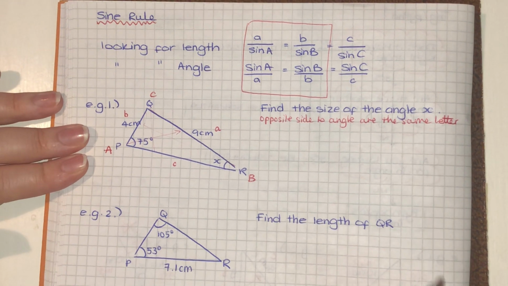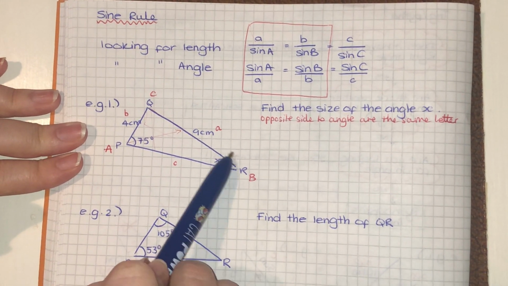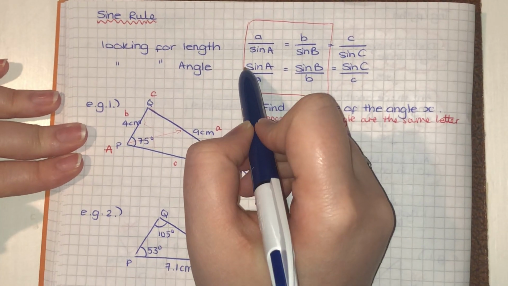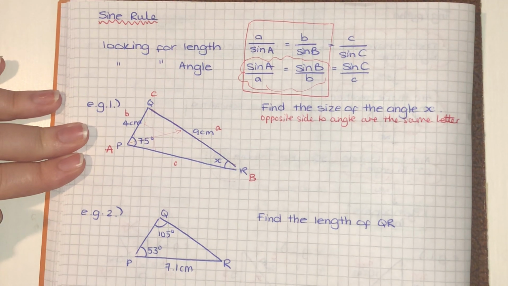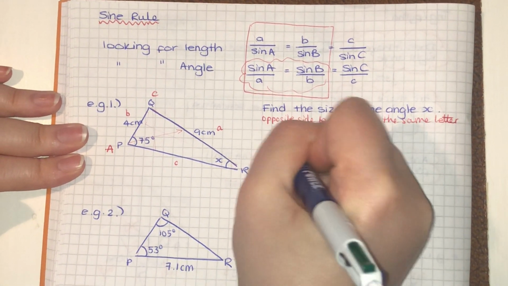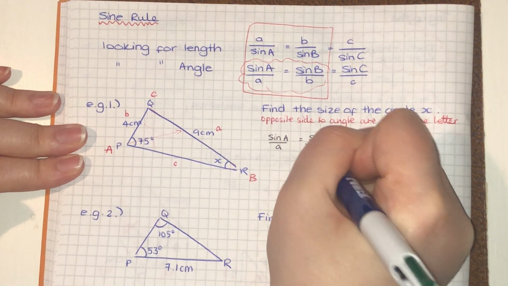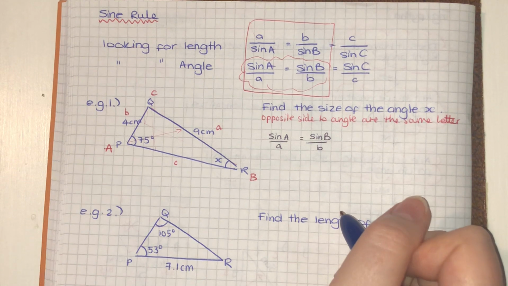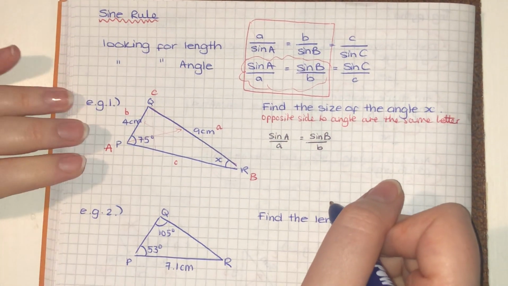Okay, so once we've done that, we're working out the angle. So I'm going to be using the bottom formula. To start off with, I'm just going to rewrite that out. So sine A over A equals sine B over B. Now, because I've now labelled it all, I can then just sub it into the formula, a bit like trigonometry and Pythagoras.